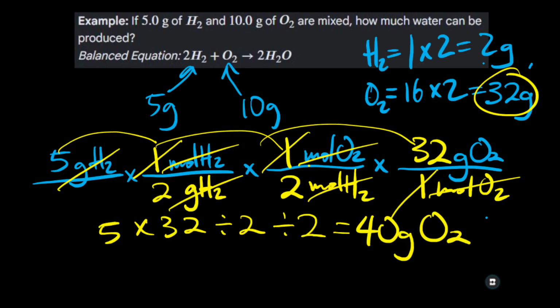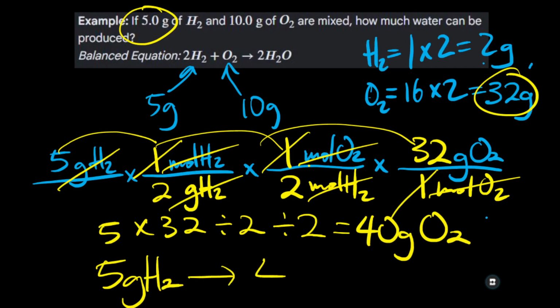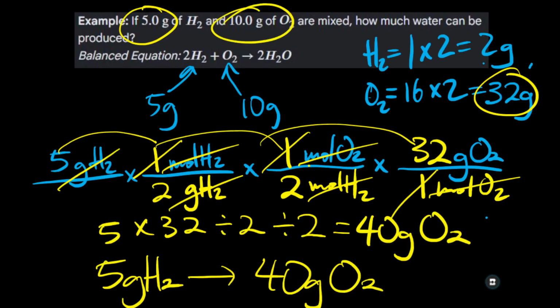So that means for every 5 grams of H2, I will need 40 grams of O2, but I only have 10 grams of oxygen. That means I'm going to run out of oxygen first.